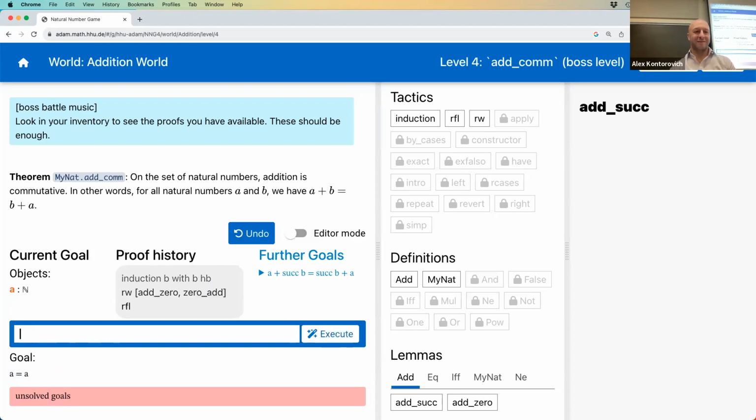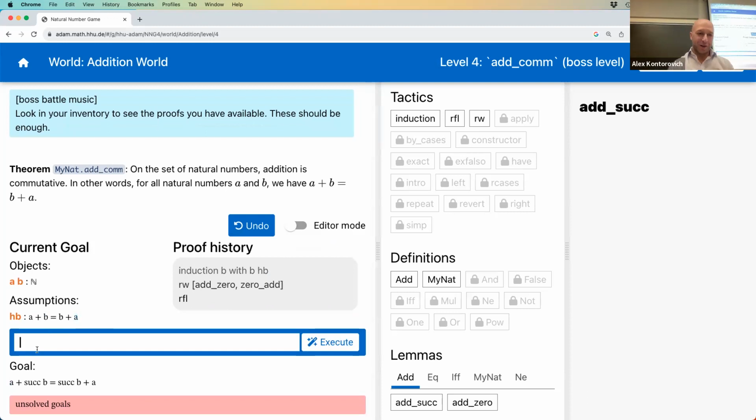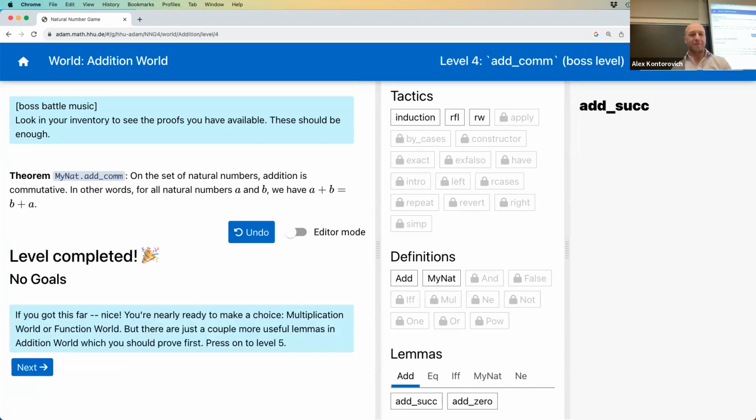REFL. Okay. Assuming that, why is this going to happen? add_succ. Good thing we proved these theorems. And HB, because that's going to be, we'll have successor of A plus B, successor of B plus A. We have the induction hypothesis and REFL. No goals.